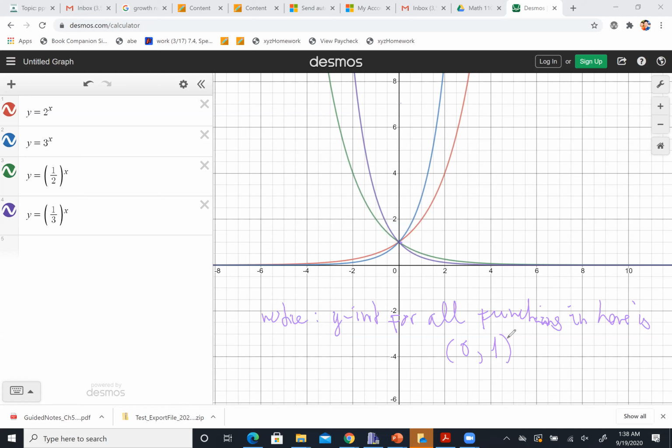And what else? All the functions have range from 0 to positive infinity, right?